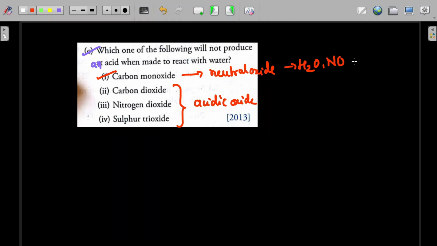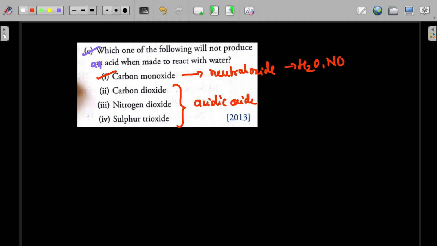I'm talking only about the non-metallic ones, not the metallic. So non-metallic oxides which usually contain one oxygen atom are neutral oxides. Neutral oxides will not form acid in water, therefore they will also not change the color of the litmus paper.